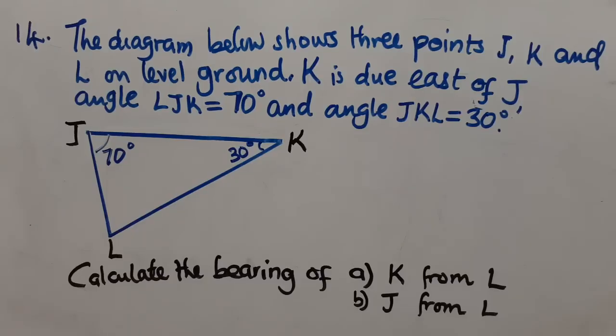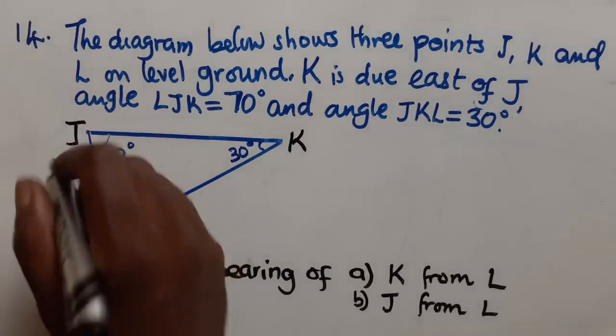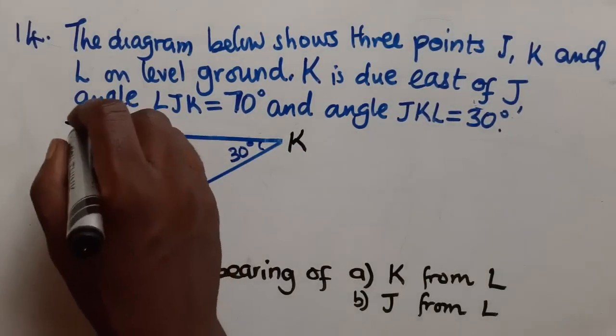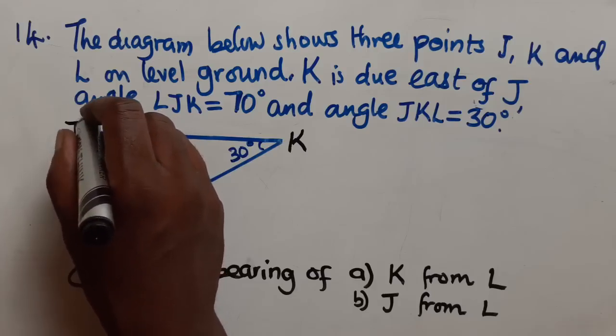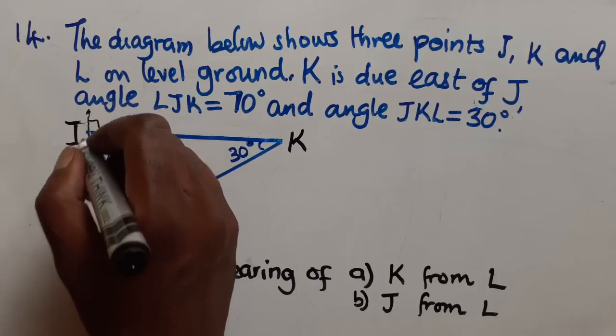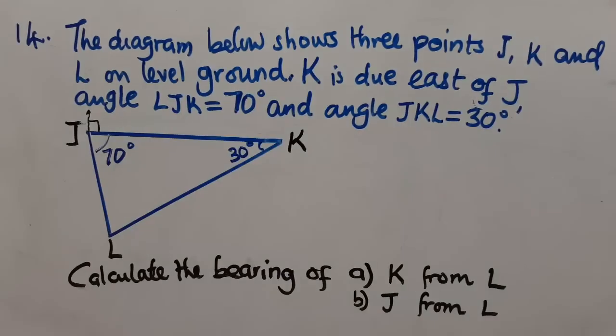We have question 14. The diagram below shows 3 points, J, K, and L, on level ground. K is due east of J. What that means is that this is 90 degrees here. That is what it means.